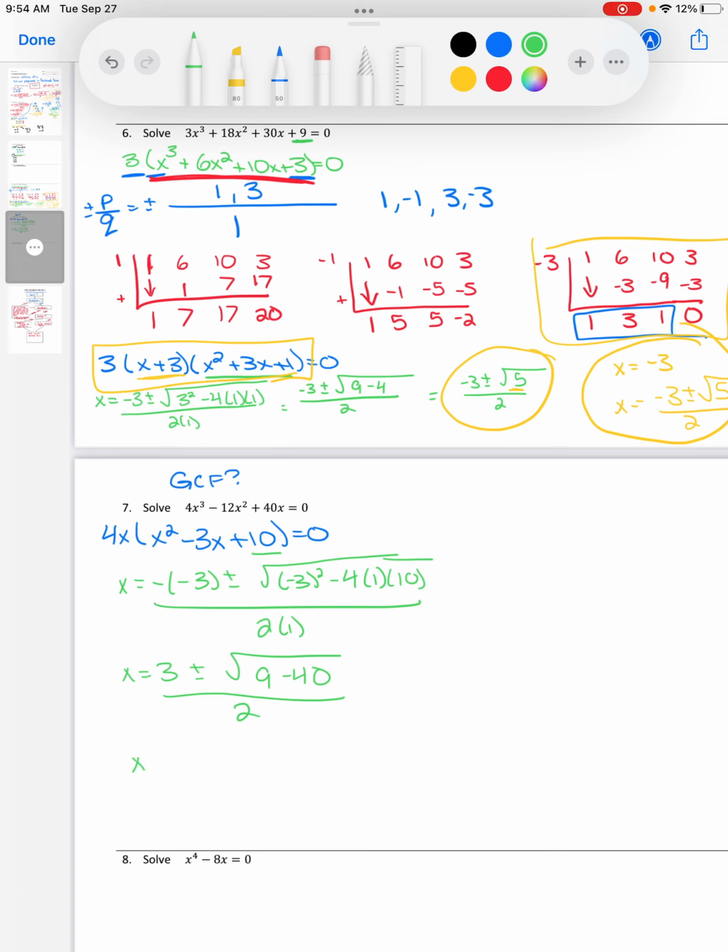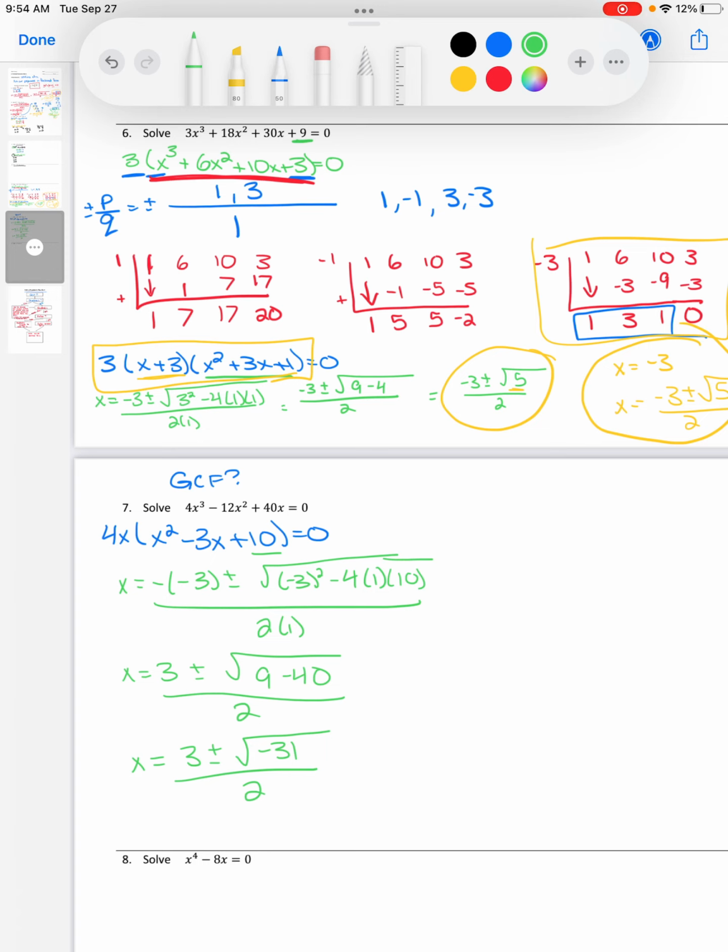So x is equal to 3 plus or minus the square root of negative 31 over 2.